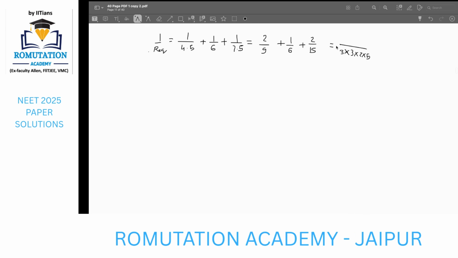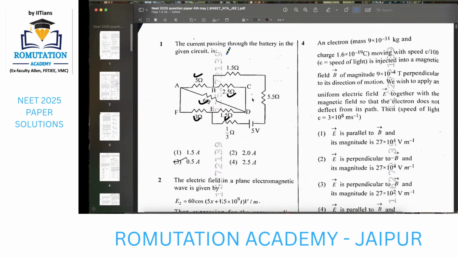Once I take the LCM, 2 will be multiplied by 10, so that is 20 from this side, and for 6 it will be 15 times, so it gives me 15 here, and for this one it should be multiplied by 6 times, so 6 times gives me 12. So that gives me at last 27 plus this, which gives me 47 divided by 90, right? So my R equivalent turns out to be 90 by 47.